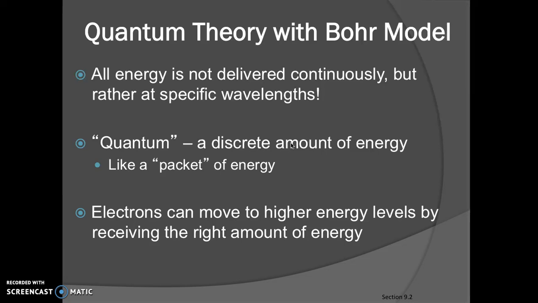So energy is quantized in terms of light, and electrons can move energy levels by absorbing and emitting a discrete amount of energy. We call that discrete amount of energy a photon. And so electrons can move to higher energy levels within the atom by receiving the exact amount of energy it would take to jump to a higher energy level.